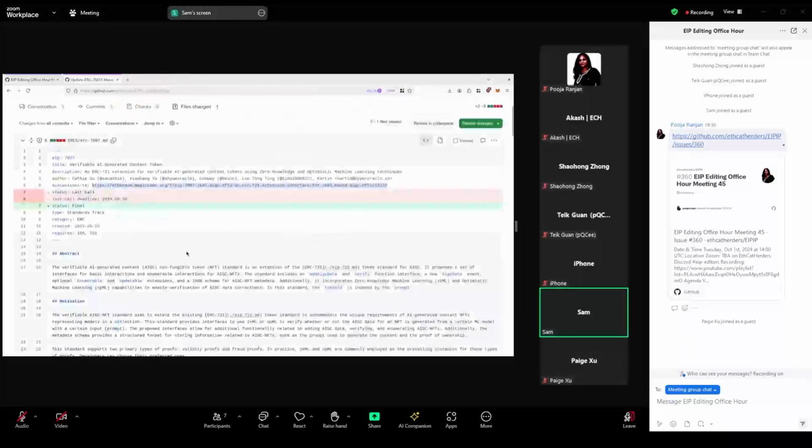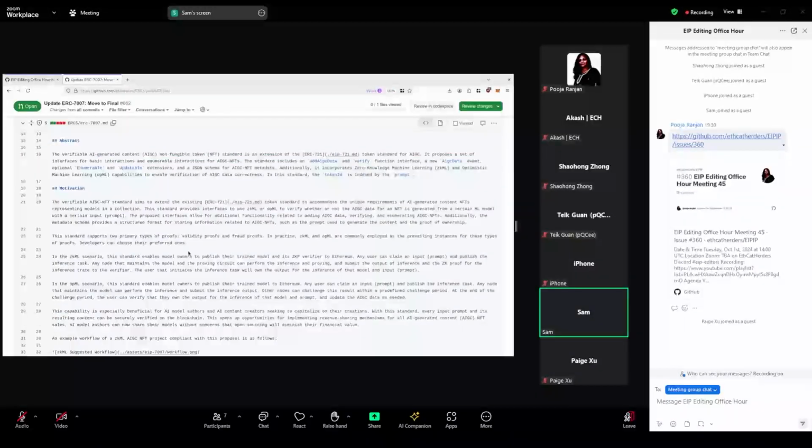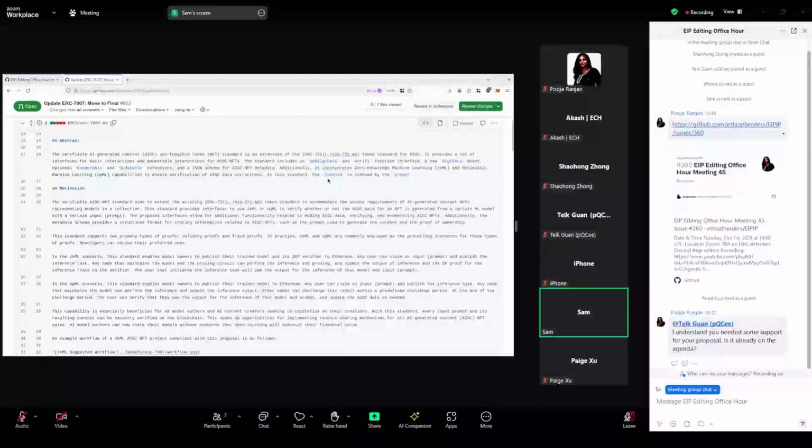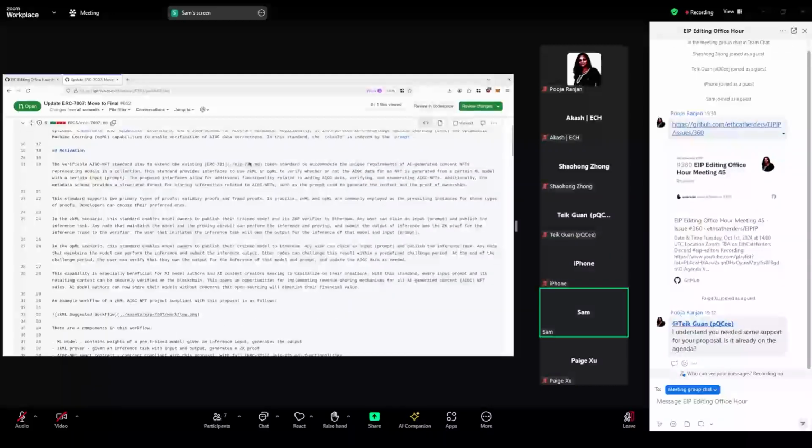I think we're good. So the verifiable AI generated content fungible token standard is the extension of the ERC. Great. Verifiable AIGC model token standard to accommodate the unique requirements of entities. Certain prompt. Good.